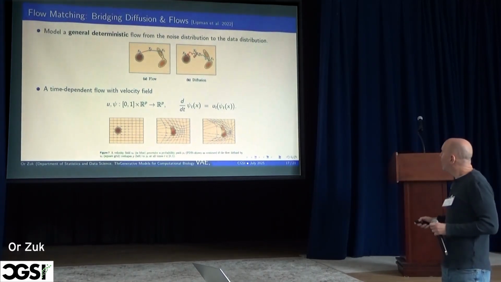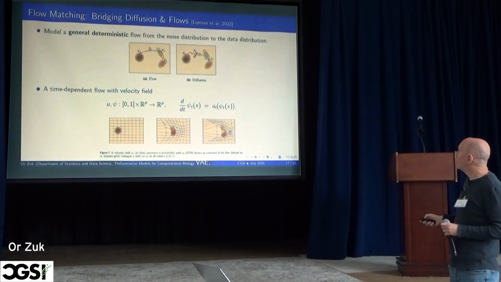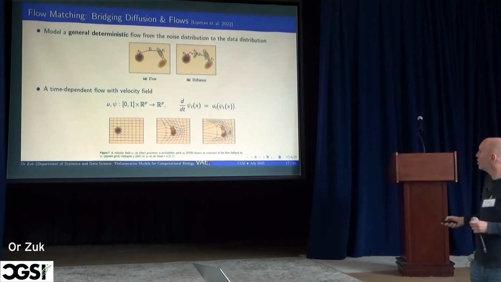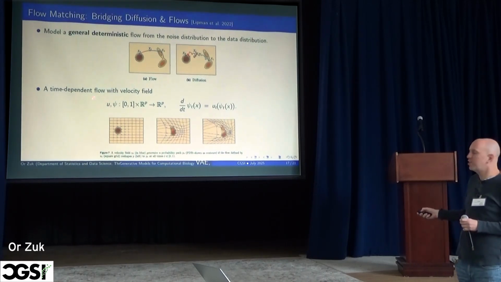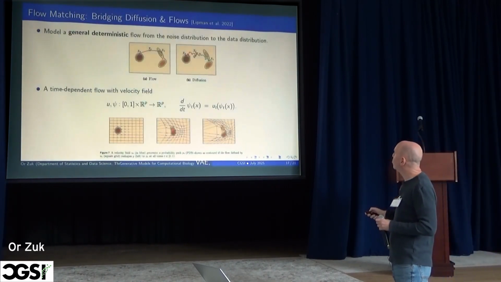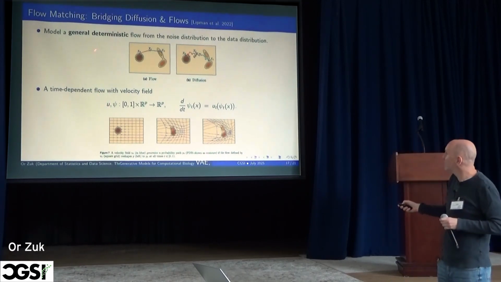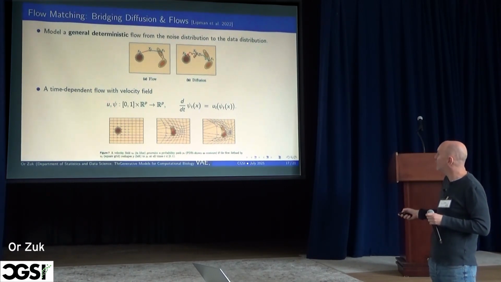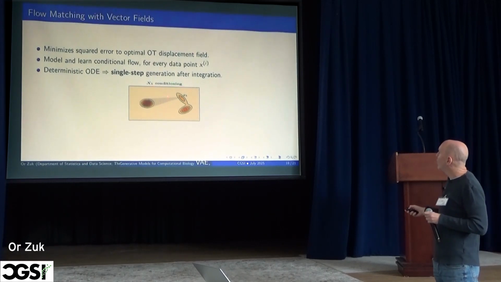And instead of training a neural network that will try to predict this transformation, it turns out that it's simpler to train a neural network that will try to predict this u, right? So this is an important computational simplification that was introduced in flow matching. We are trying basically to learn the vector field u and not psi. And the way we're doing that is we are actually using a conditional vector field.